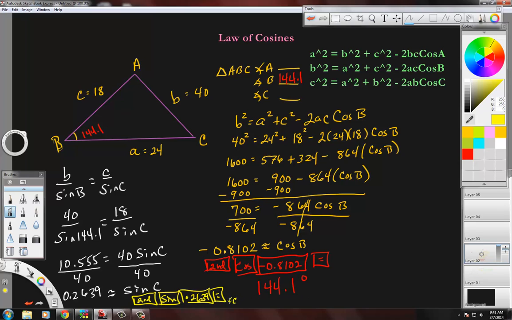So angle C would equal somewhere around 15.3, and we can put that up here in red. Now that we have our two angles, we can just add them up and subtract them from 180, and you should get around 20.6 for the other one. So we can fill these in. This would be 15.3.